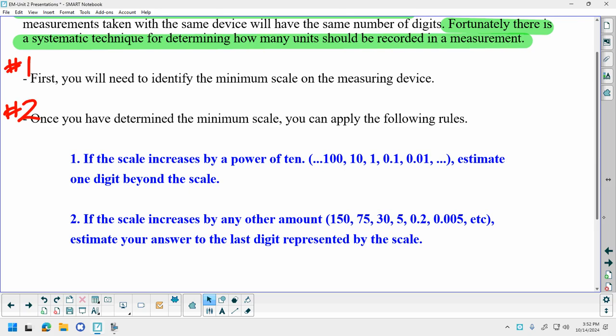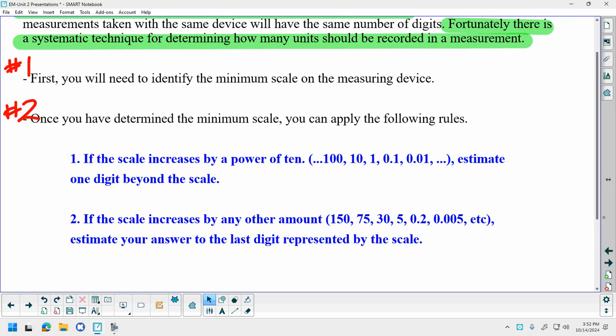So if the scale measures to a whole number, the ones place, we can then estimate the next value place, which would be the tenths or the first decimal place. Now, if the scale increases by some other amount, like the examples here, if each line goes up by 150 or 30 or 5 or 0.2, then it's not a power 10 scale.